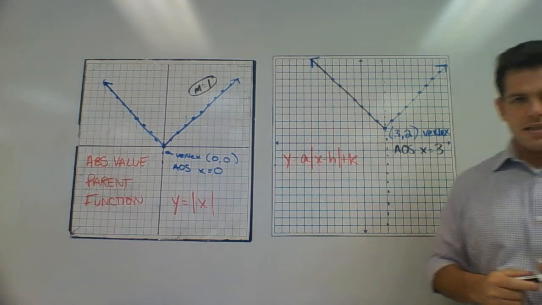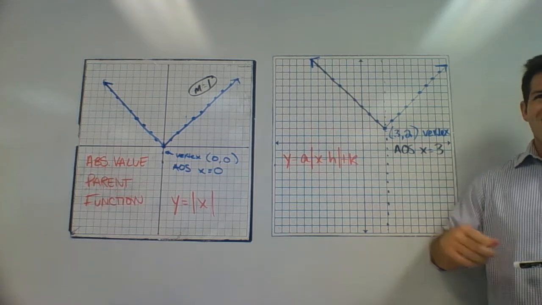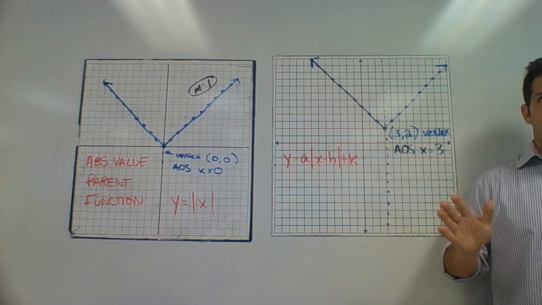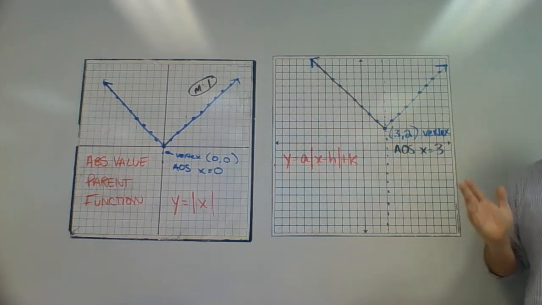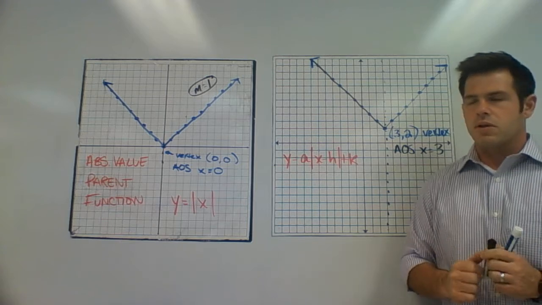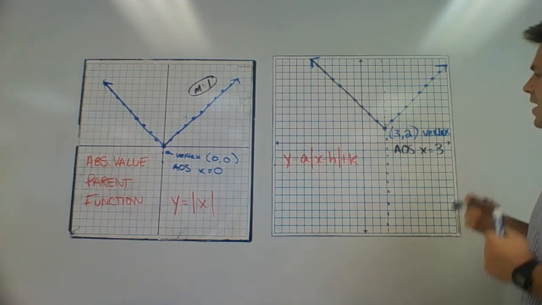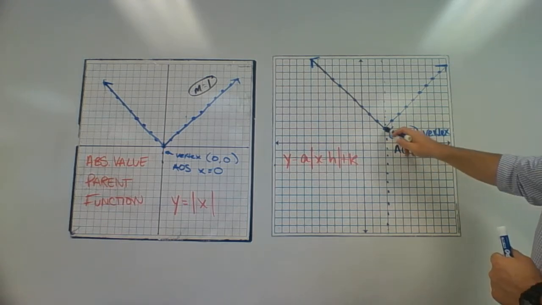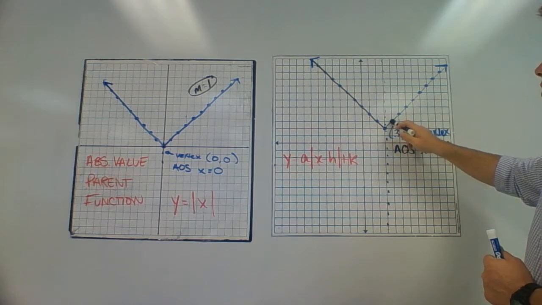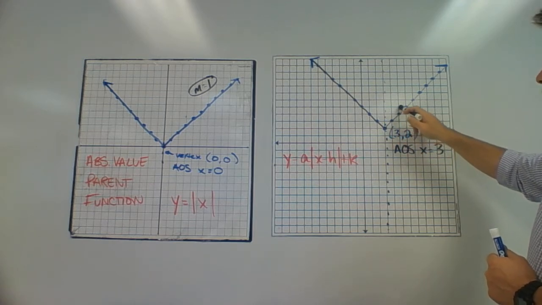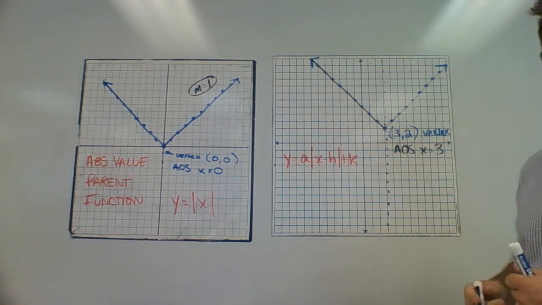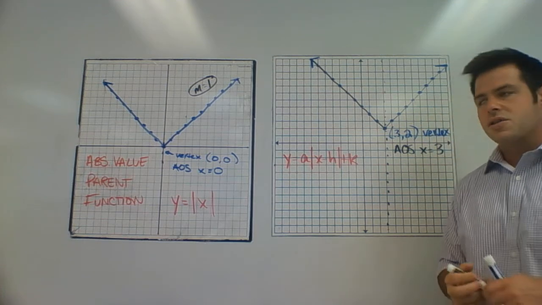I'm using that axis of symmetry in order to help me count out the slope to the right of the mirror. So there's two slopes here, one to the left, one to the right. We're concerned mainly with the one to the right. And as I count to the right of the mirror, I'll start at the vertex and I'll go up 1 and to the right 1, up 1 and to the right 1, up 1 to the right 1, up 1 to the right 1, so on and so forth.